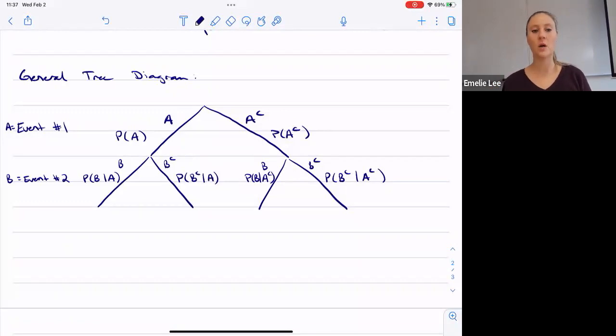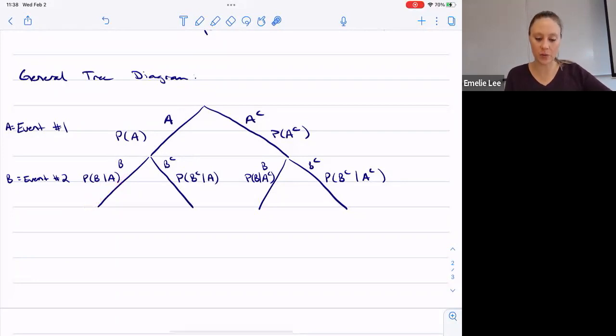So now, if I want to know, okay, what's the probability of A happening and B happening, right? The only branch where that's going to happen is if I run down this branch. And if we go back to the probability of A and B, or B and A in this case, it doesn't matter, then I would multiply down the branches.